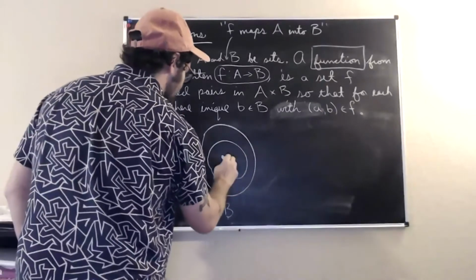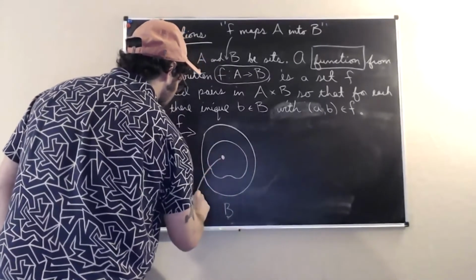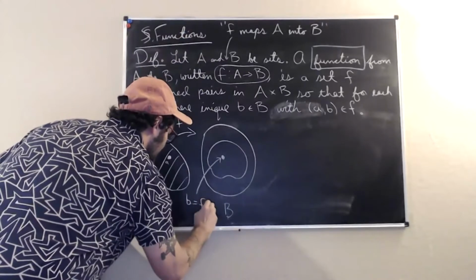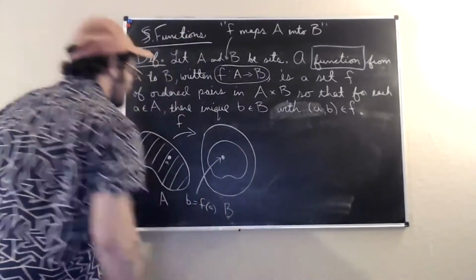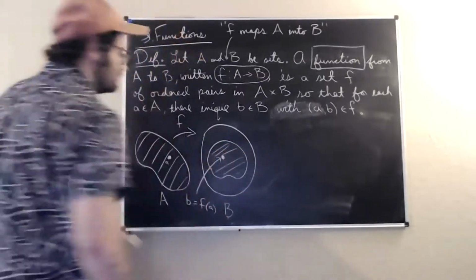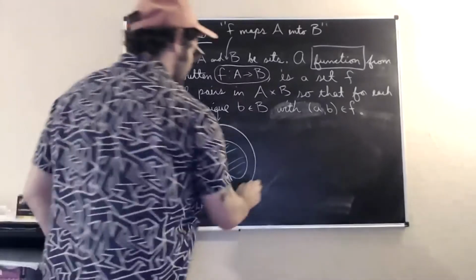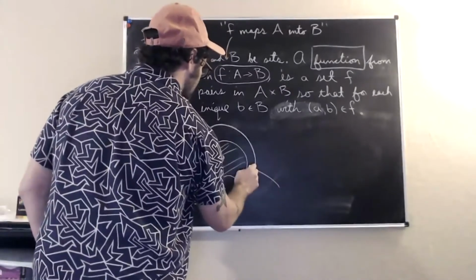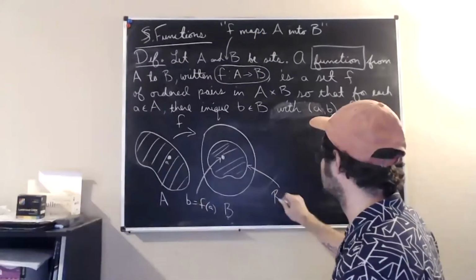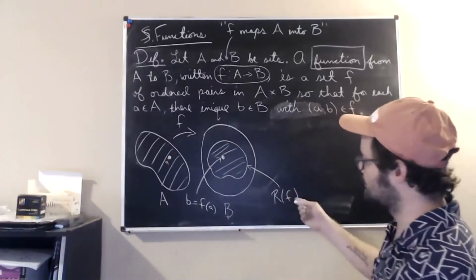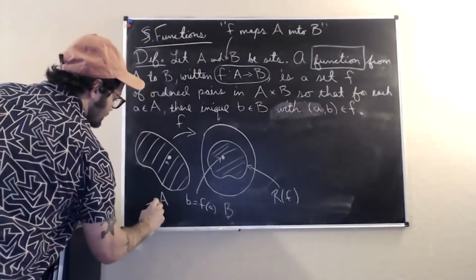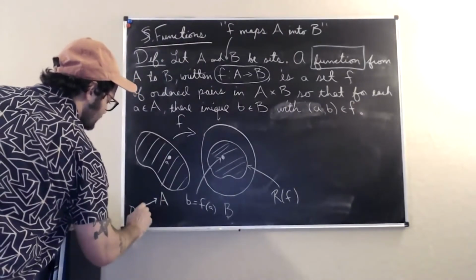And this element right here, that right there is b equals F applied to a. And then this right here, this is called the range of f. So this is R of f, and I'm going to describe that notation in a moment. And then this set here, this is denoted by D of f.